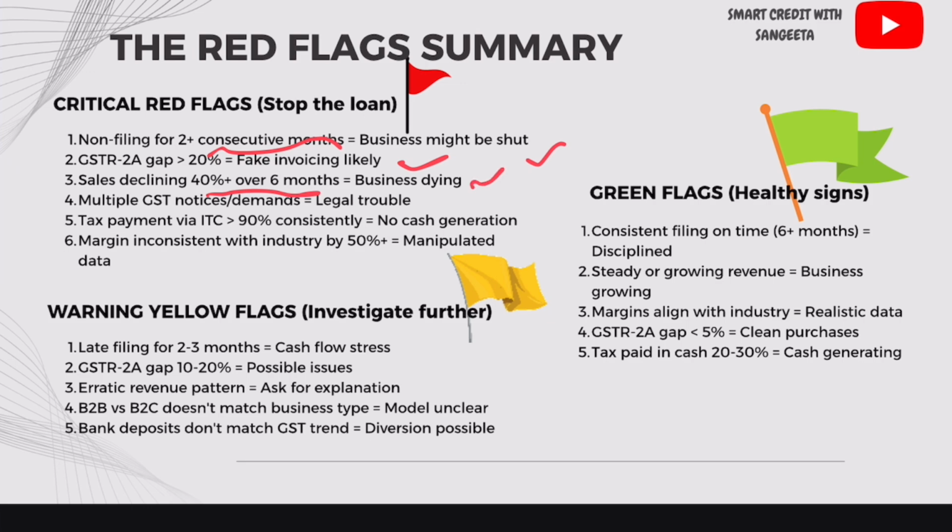If there are multiple GST notices or demands, maybe the business is in legal trouble. And if tax payment via ITC is more than 90% consistently, that means there is no cash in the business. And if margin is inconsistent with industry by more than 50%, this clearly means it is manipulated data.